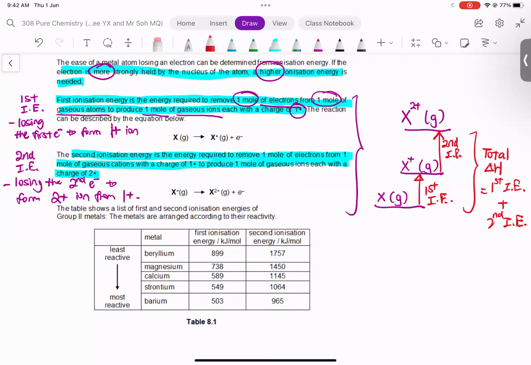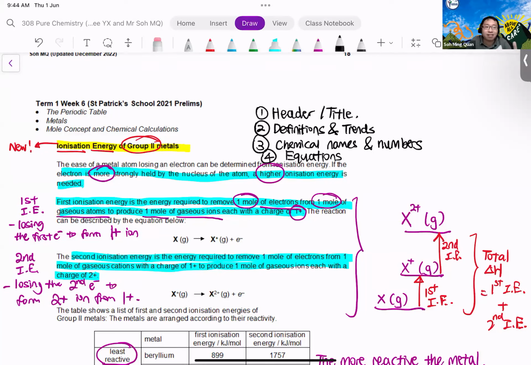The final thing that you should pay attention to: in chemistry, you can't run away from equations. So if the question information includes equations, please pay attention to them. Over here, you can see you have two equations already: X becomes X plus becomes X2 plus. That's a half equation, right? Importantly, it's all in the gaseous state. Why is it in the gaseous state?